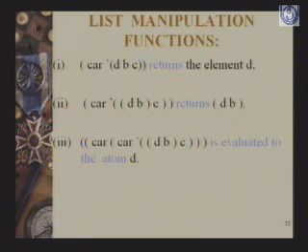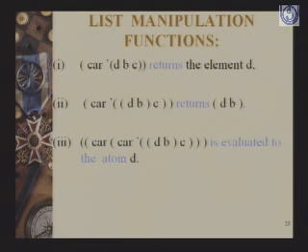Similarly, if car is applied to a list and the result returned is a list itself, then you can apply another car, because car can be applied only to a list. So in the third example, we apply car to a list in which the first operation is car, that is, you find the car of the list given as the argument of the second car.